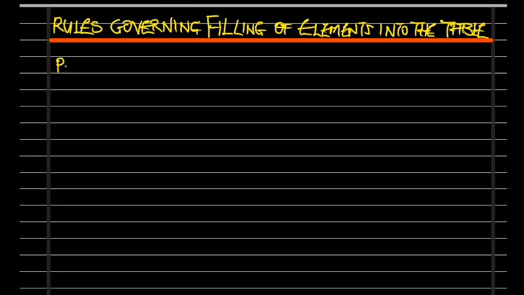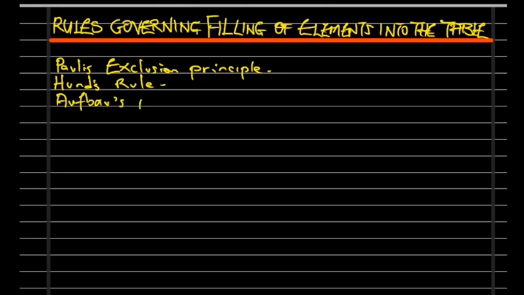We have Pauli's exclusion, we have Hund's rule, but the one I'll be specific about now is the Aufbau principle. That is the one I want to make mention of right now. And what is the Aufbau principle saying?